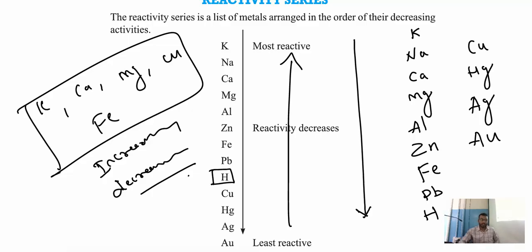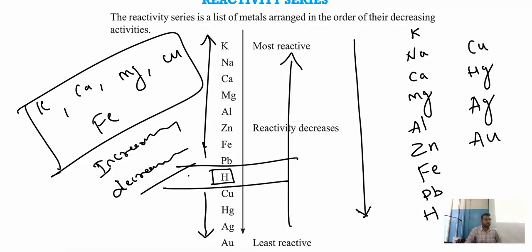Above H, all are more reactive metals. Below H, all are least reactive metals. Don't forget. Which are the highly reactive metals? Till Pb. Below H, least reactive metals. Above H, highly reactive metals. Understood? Don't get confused with this word.